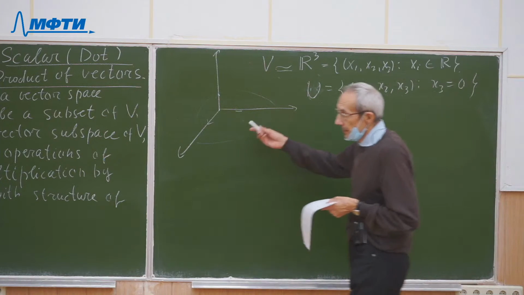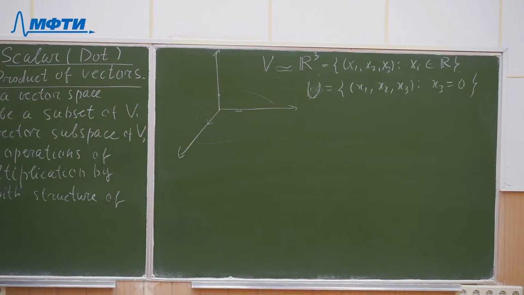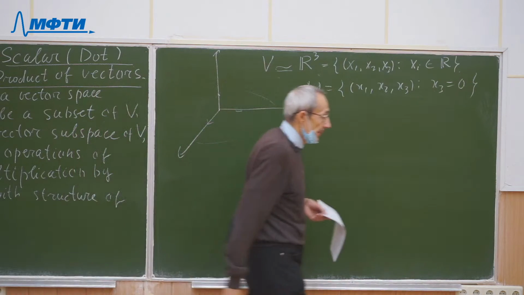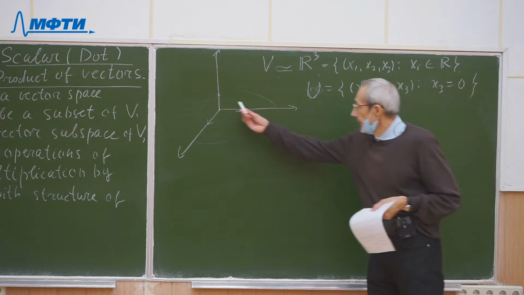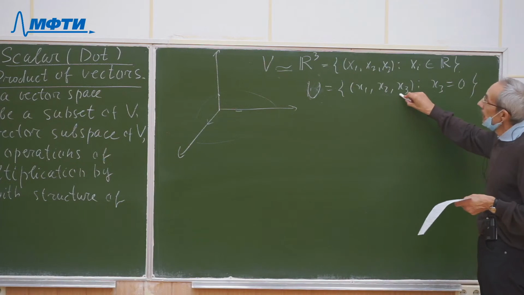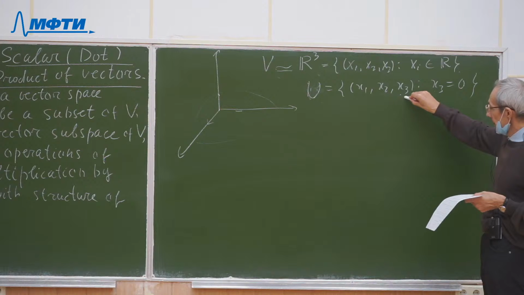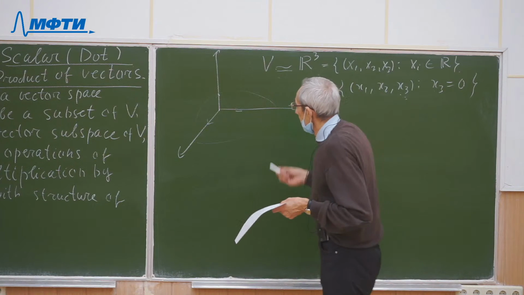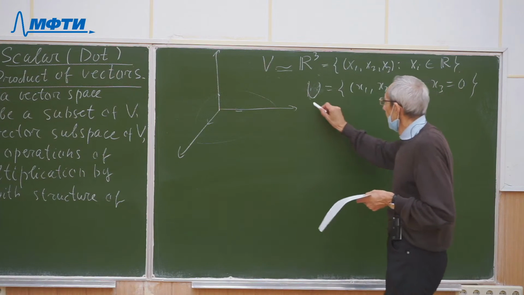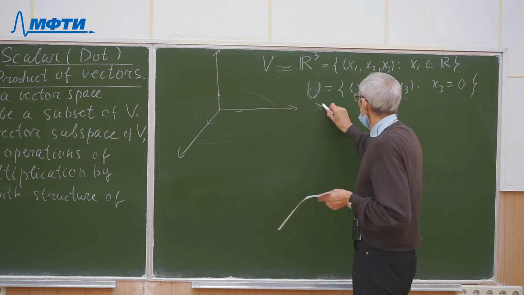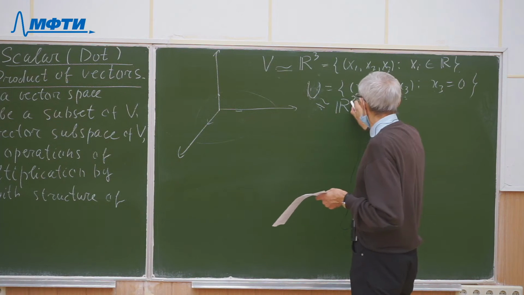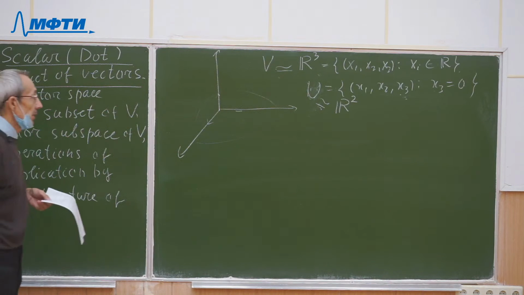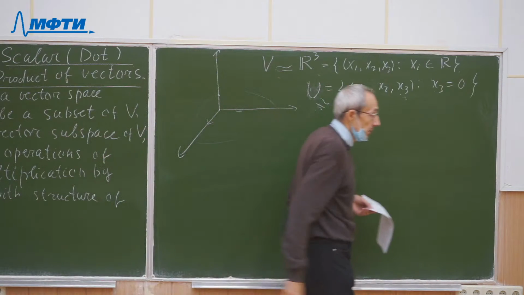Geometrically, this subspace is a vector plane, namely the set of vectors with a certain coordinate equal 0, and I can identify this subspace with arithmetical two-dimensional vector space R^2.